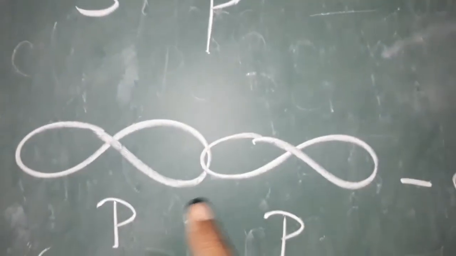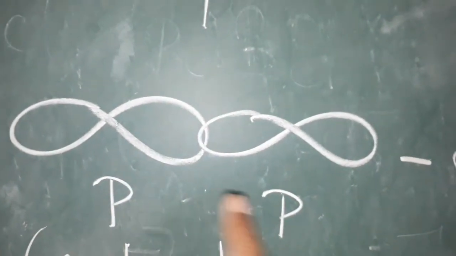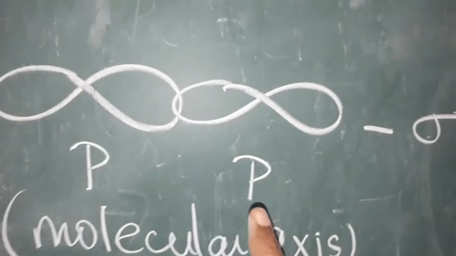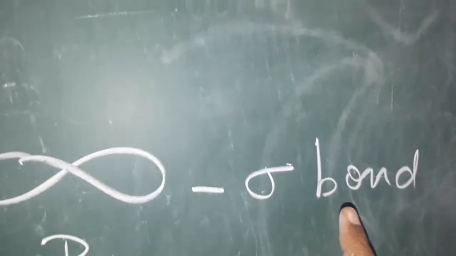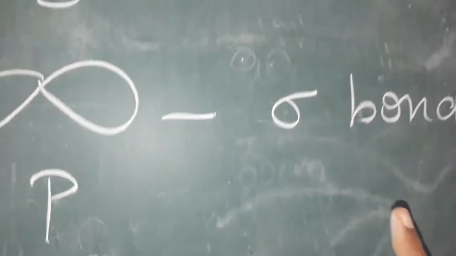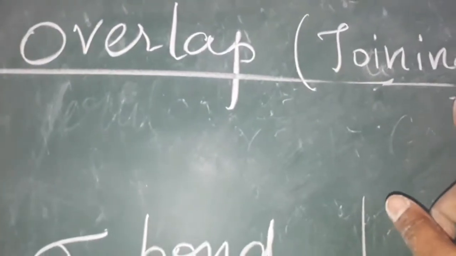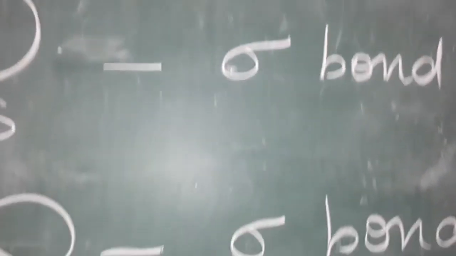Then both p orbitals have the same axis, that is the molecular axis, so they get a sigma bond. So a sigma bond is formed just by orbital overlap, which means they are just joining together.